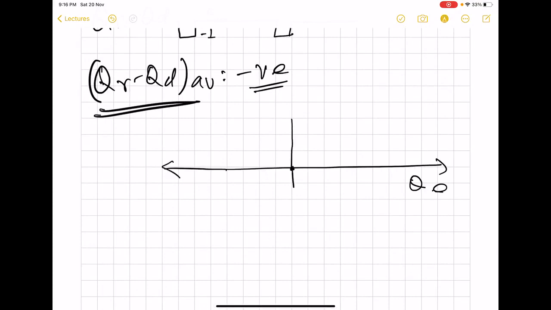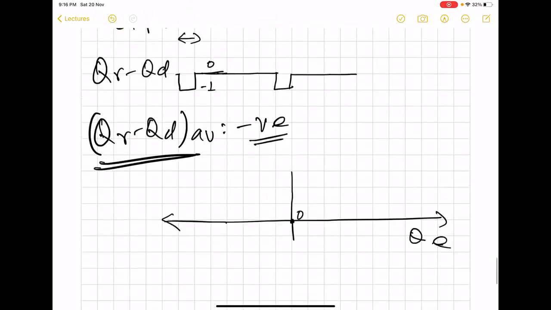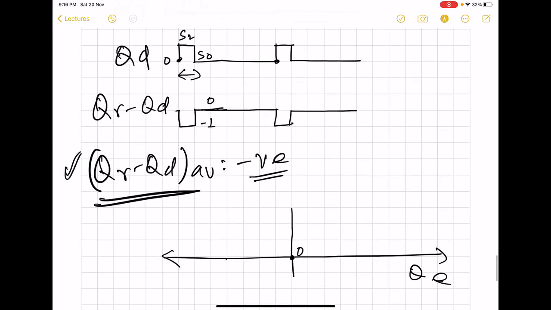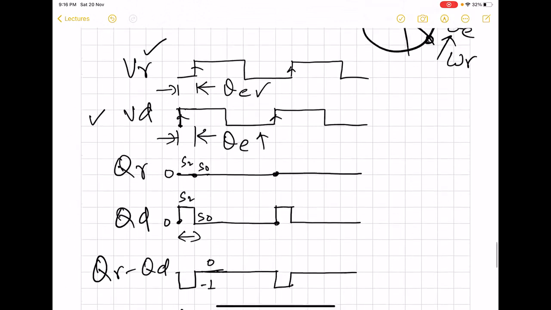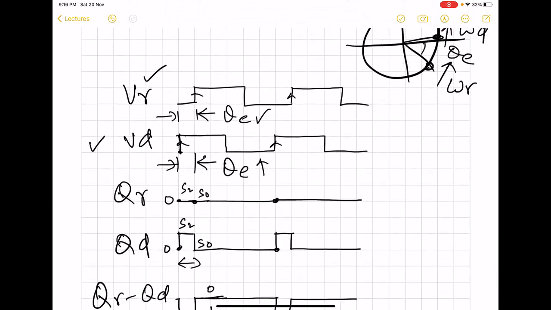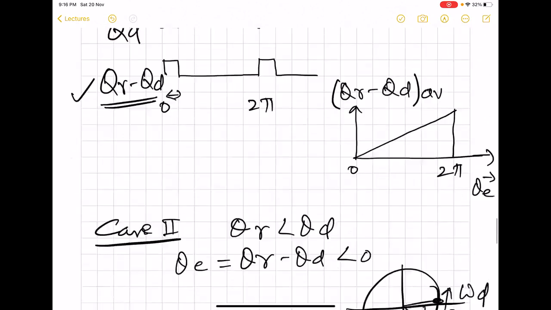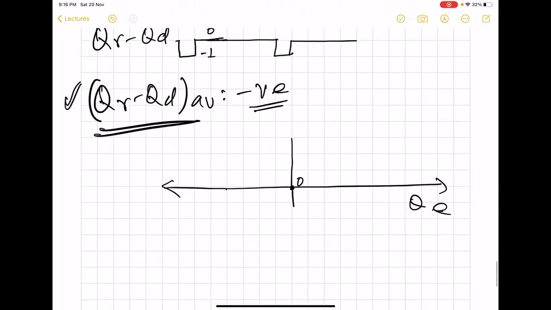When theta E becomes more and more negative, the magnitude is going to increase. And this increase will happen till the phase error is equal to 2 pi, because now only the rising edges of the two signals are being processed and nothing else matters. So like the previous case, the phase error is going to continuously increase up till 2 pi, but DC is going to be negative.